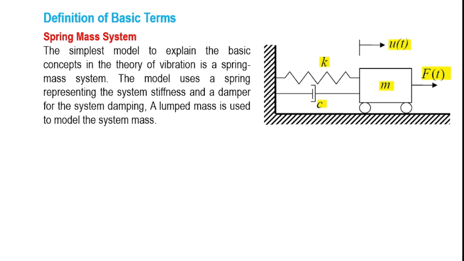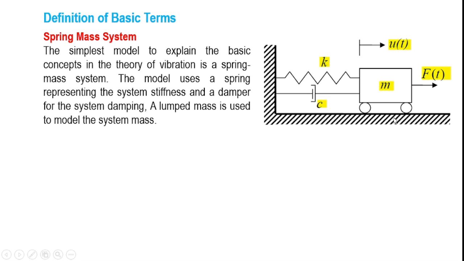So to study the dynamic response of any physical system, the most simple mathematical model available is the spring mass system, which is shown over here. This spring mass system is basically the simplest model that is used to explain some of the basic concepts in the theory of vibration.